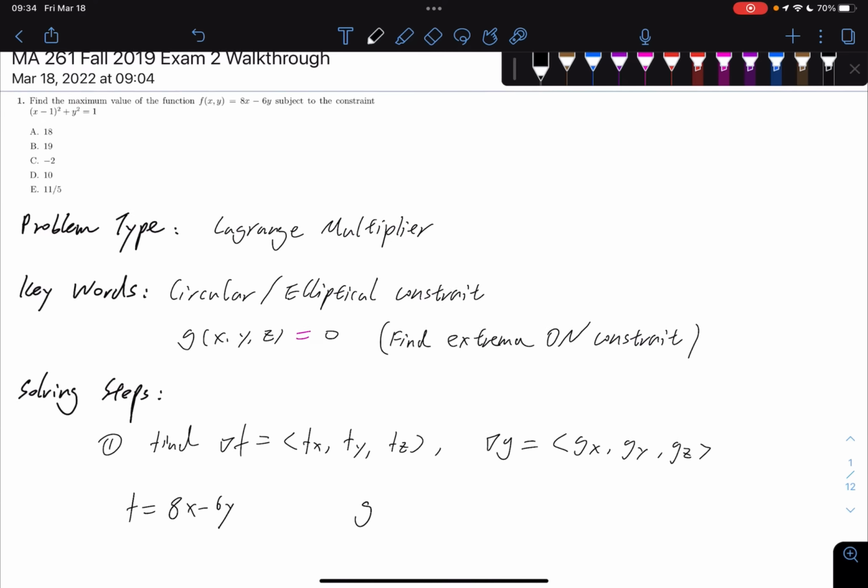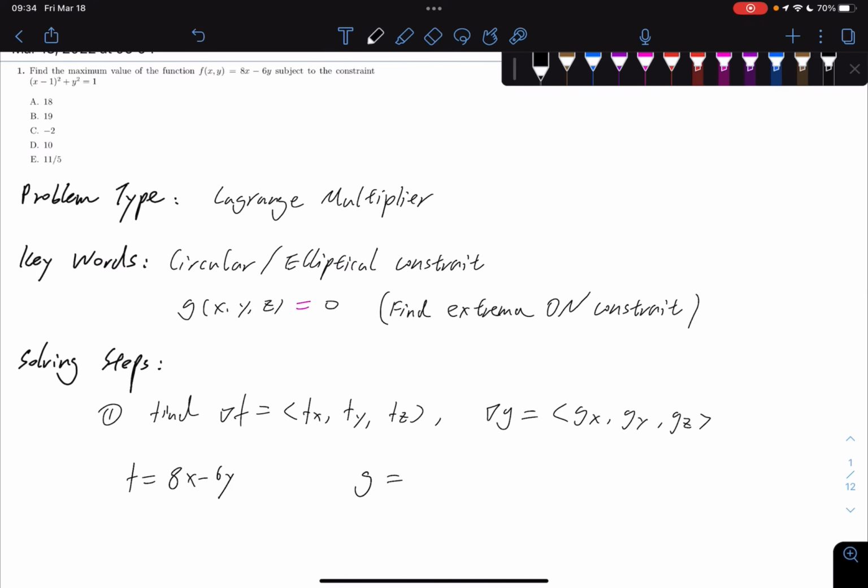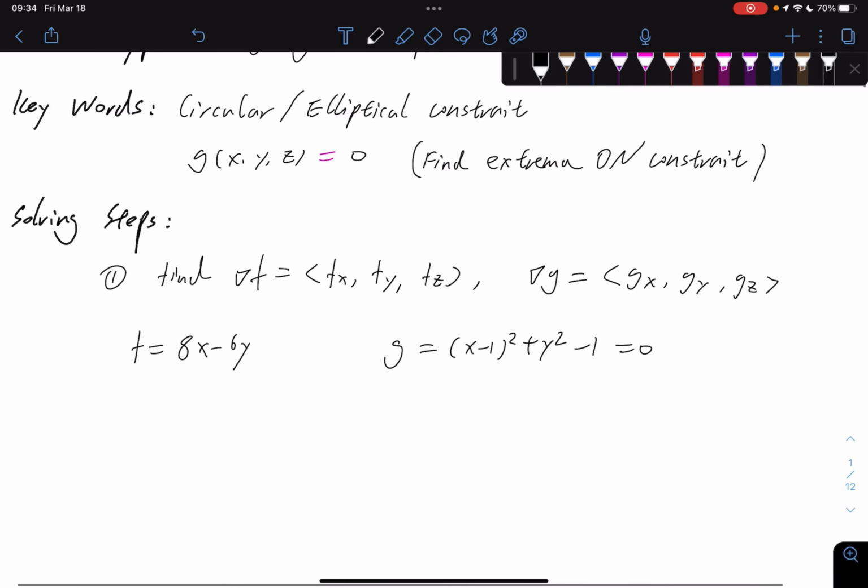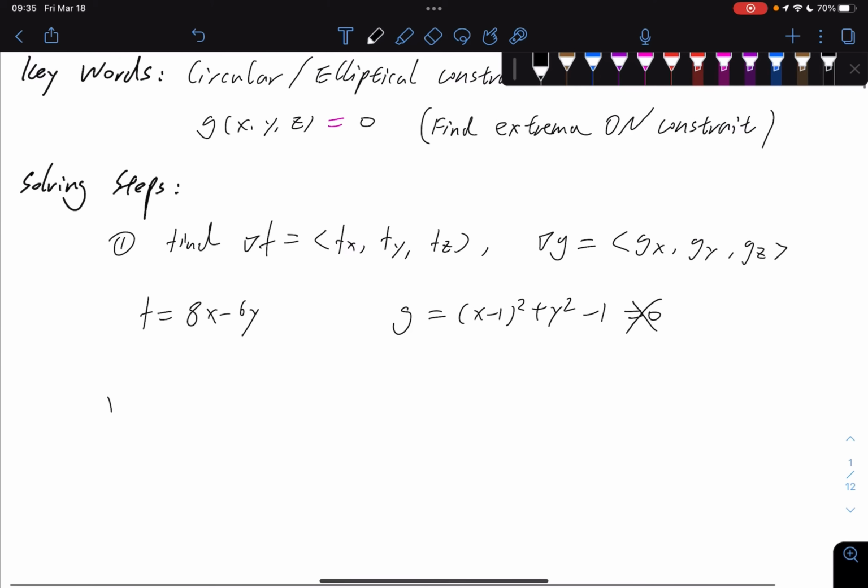So in this case, we have (x minus 1) squared plus y squared minus 1 equals 0. We can safely ignore this part. So the gradient will be grad f. In this case, it's a two variable function, so we are not going to have the z part. I just try to be as general and inclusive as I can.